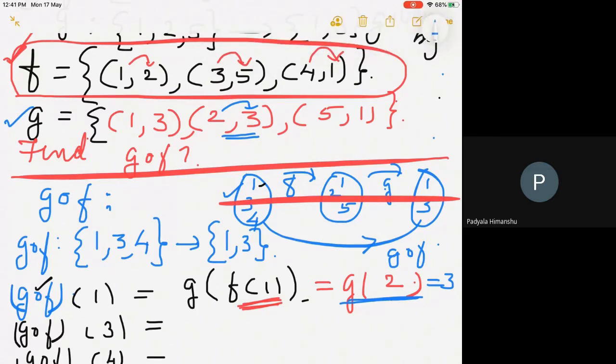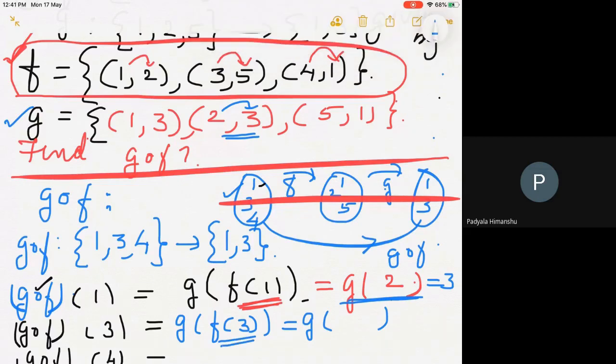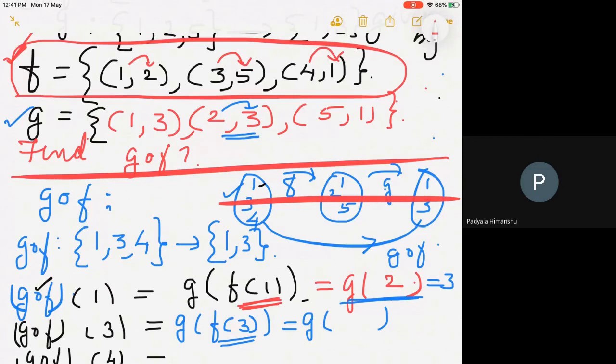G of F of 3. First of all, you have to write what F of 3 is. F of 3 is the image of 3 under the function F. We can see here the image of 3 is 5.